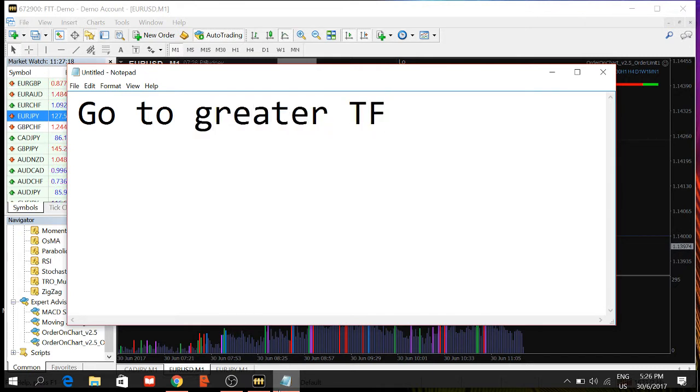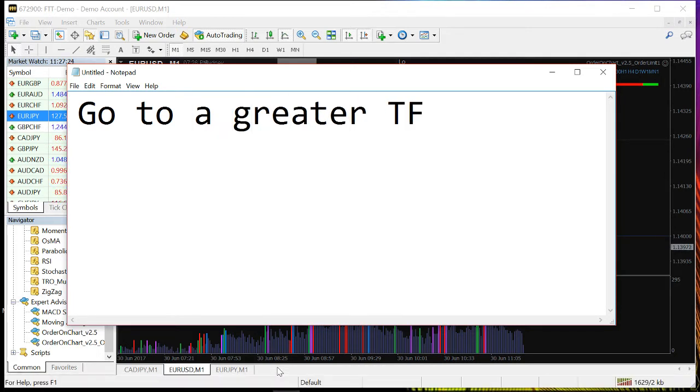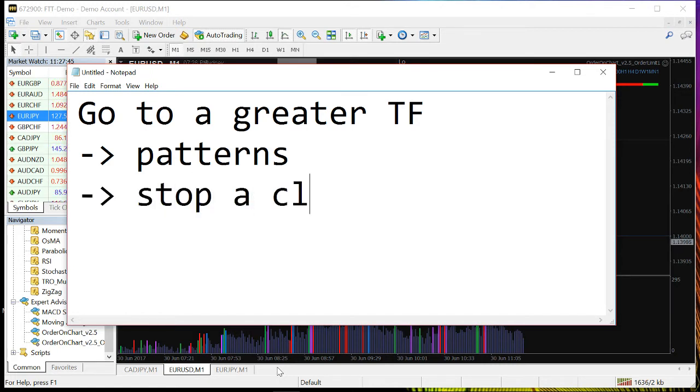And what are you going to spot there? You're going to look for patterns, and you're going to spot something very visible, a very clear pattern.